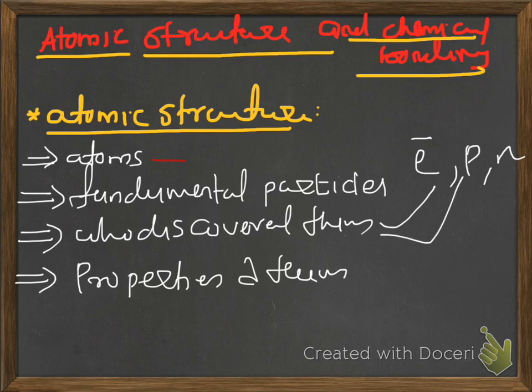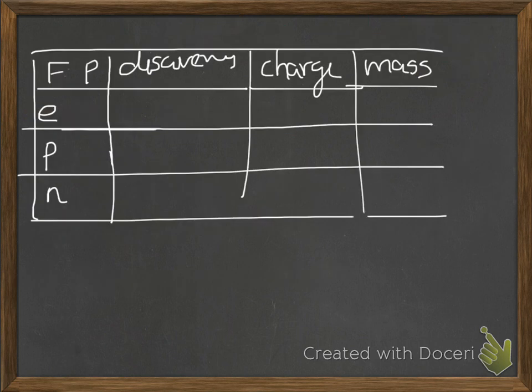Few important properties of these 3 fundamental particles can be summarized as follows. This is the fundamental particle, this is the discovery, who discovered it and who holds the credit of discovering that fundamental particle, and then charge, and finally mass.